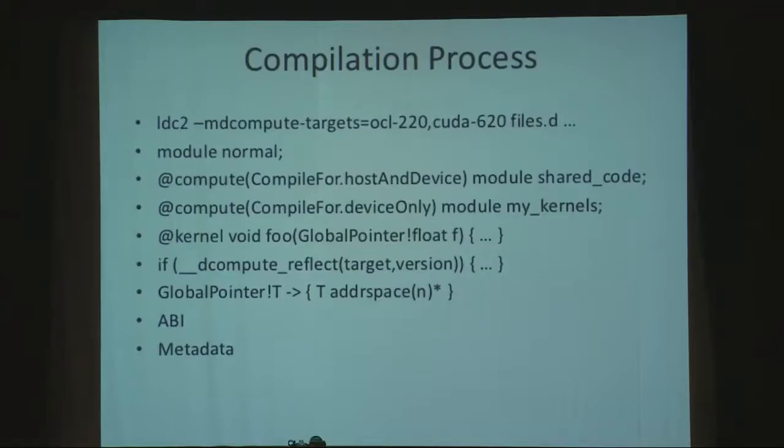We can compile normally for the host with no attribute. We can compile for both the host and device for shared code implementations, and then kernels and other device-specific code for devices only.